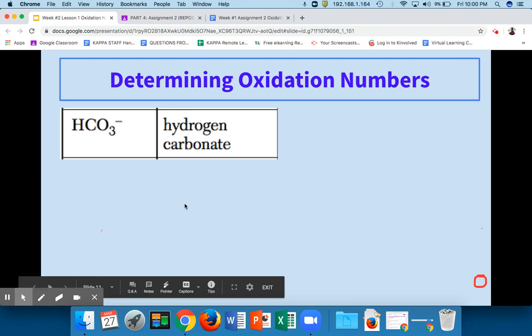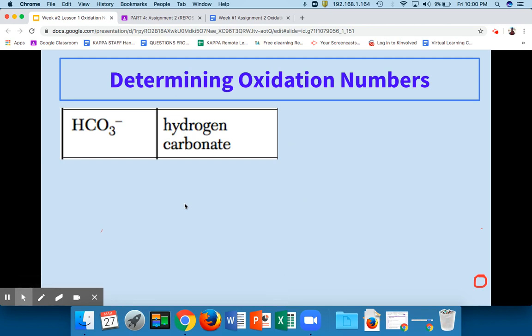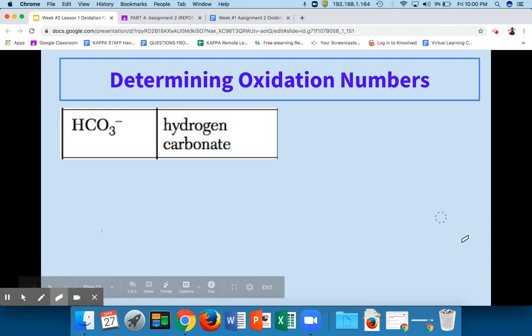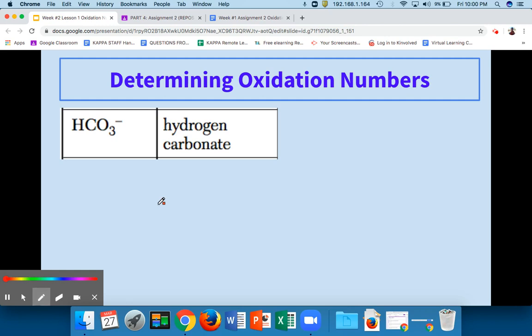Okay, hydrogen carbonate. Hydrogen carbonate can be found in the ocean when carbon from the atmosphere goes into the ocean. If you guys have heard the term carbon sink, that's when the oceans absorb carbon dioxide from our atmosphere. So the oceans actually serve a really important role in storing carbon dioxide.